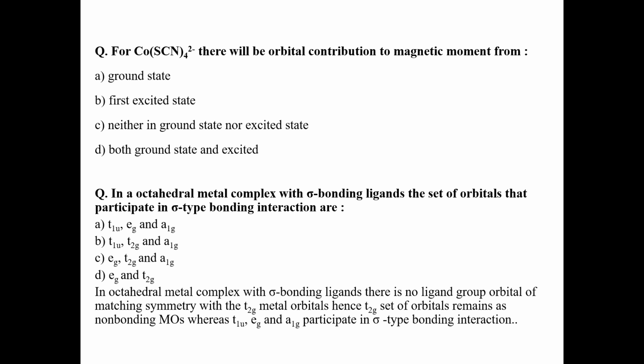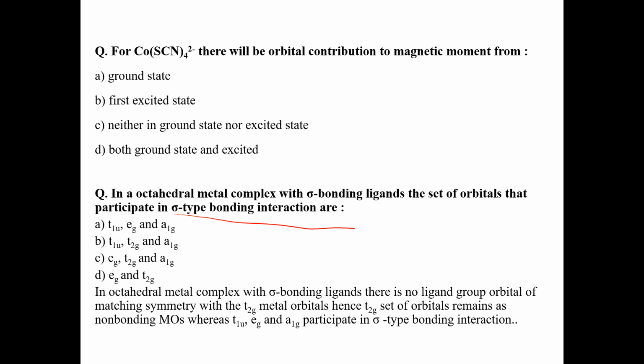In the second one, in an octahedral metal complex with sigma bonding ligands, which set of orbitals participates in sigma type bonding interactions? In an octahedral metal complex with sigma bonding ligands, there is no ligand group orbital of matching symmetry with the t2g metal orbitals, because they are involved in pi bonding. Hence the t2g set remains as non-bonding molecular orbitals.